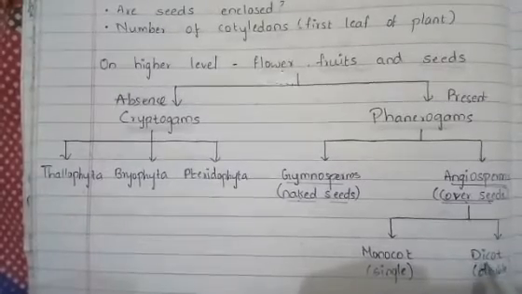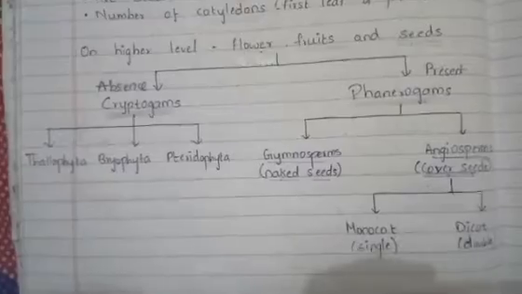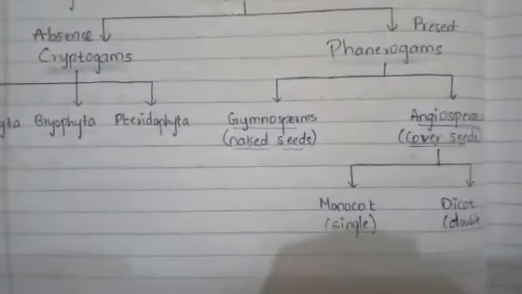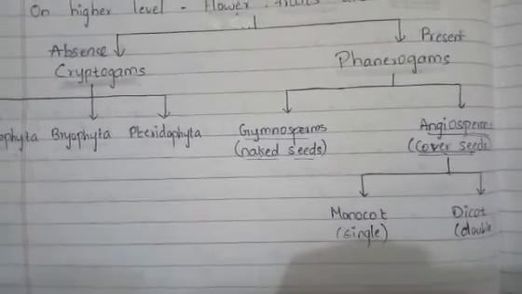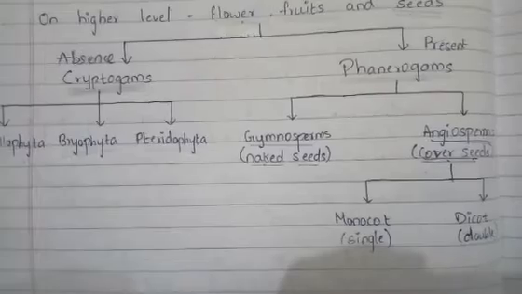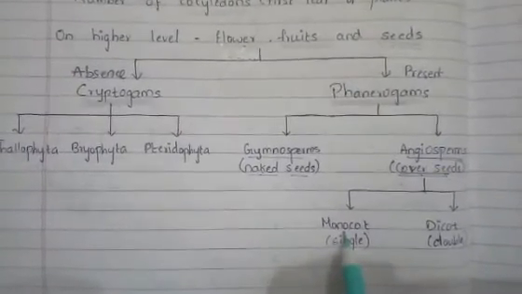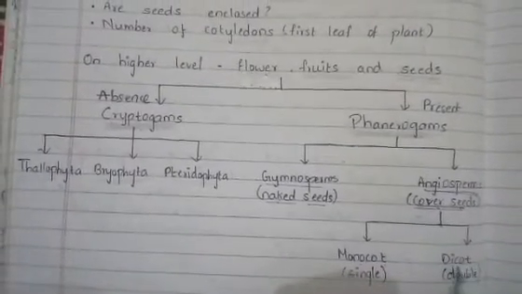As you know, di means two and mono means single. So based on the number of cotyledons, the angiosperms are divided into two categories. If the plant has a single cotyledon, then it will come under monocot. If the plant has two cotyledons, then it will come under dicot.